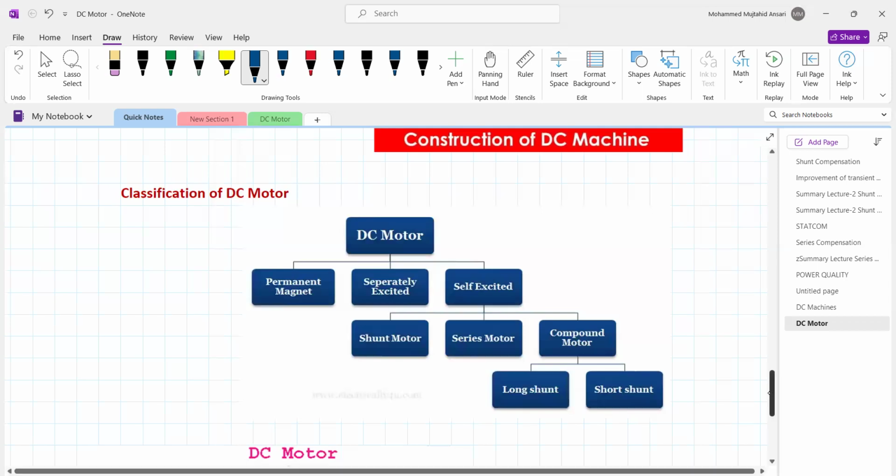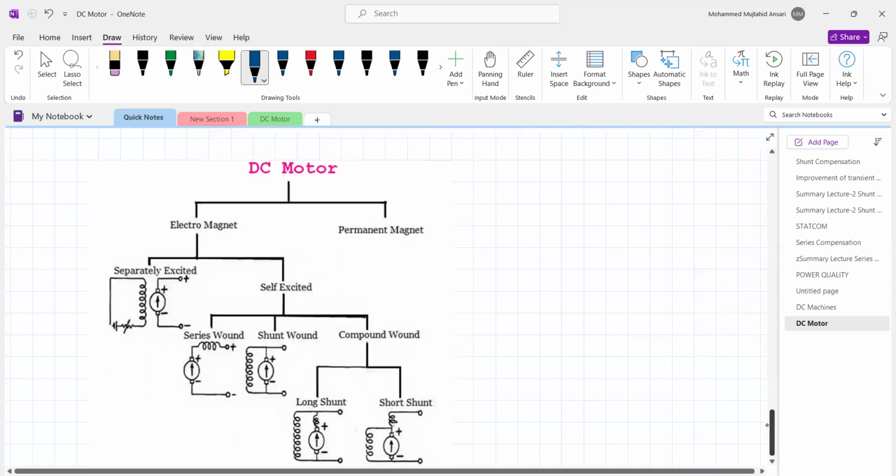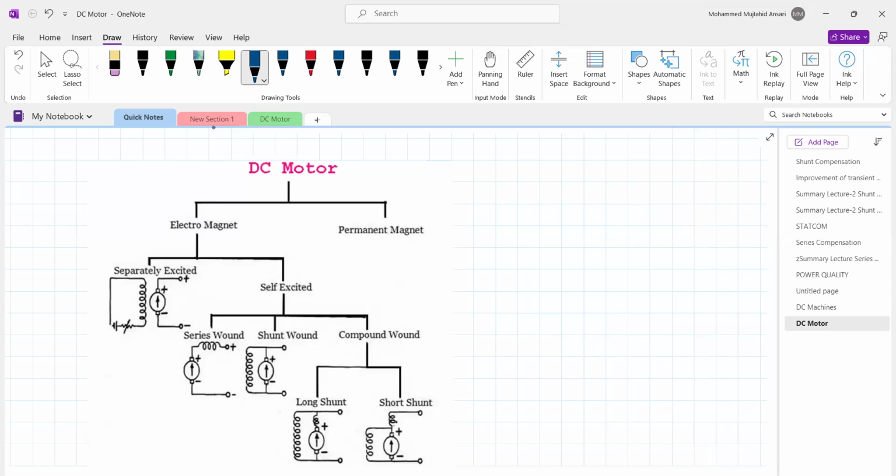Now, the DC motor is either a permanent magnet motor or an electromagnet motor, because we are using electric current to produce the magnetic flux over the periphery of the armature. That's why it is an electromagnet motor. In the electromagnet motor, the major classification is the separately excited motor. From this figure, this is the DC motor. The circuit diagram is as it is, only the current direction in the motor is opposite to that in the DC generator.